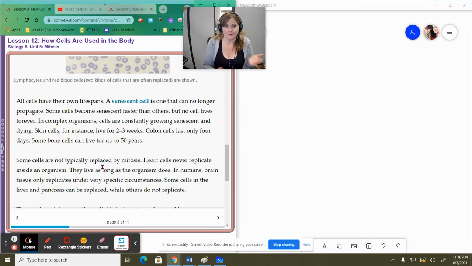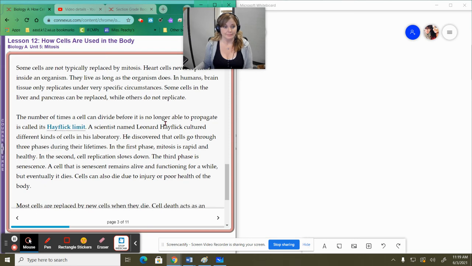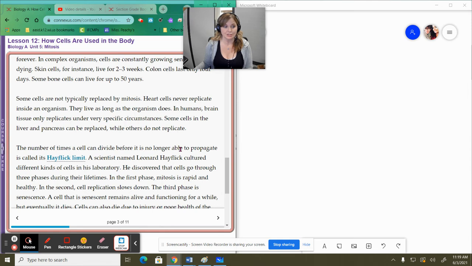Your colon is exposed to everything that you eat, and so those cells have a shorter lifespan and need to replenish themselves more frequently. Some cells never replenish themselves. For example, in humans, brain tissue only replicates under very specific circumstances. Some cells in the liver and pancreas can be replaced while others cannot.